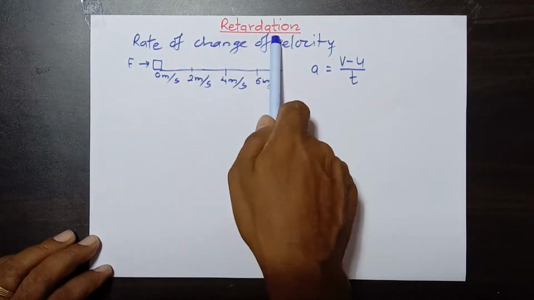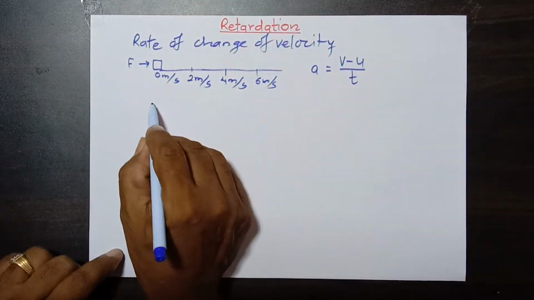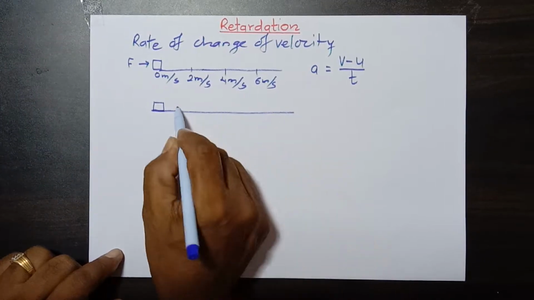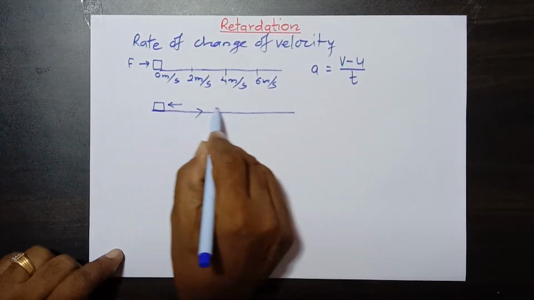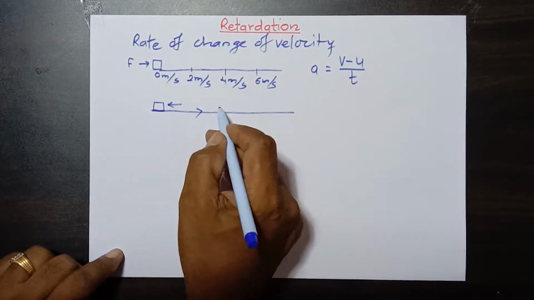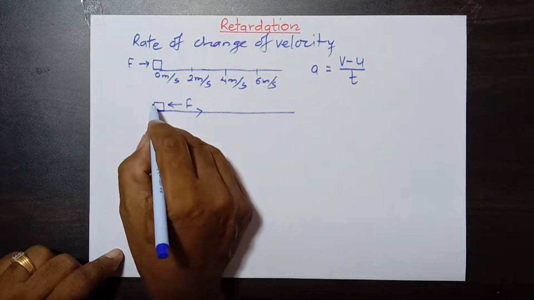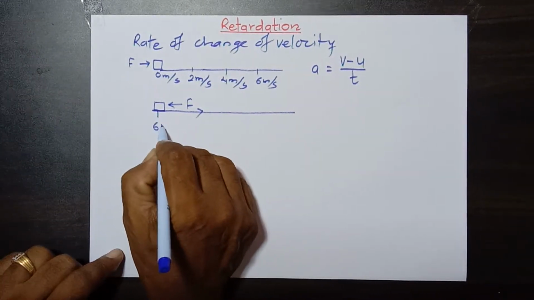But what is the difference between retardation and acceleration? If a force is applied on a moving body from the opposite direction, not in the direction of motion, then what is seen? First, its velocity may be 6 meter per second.